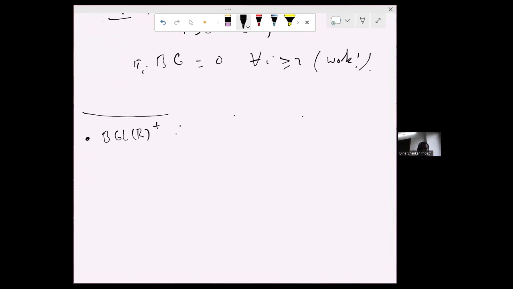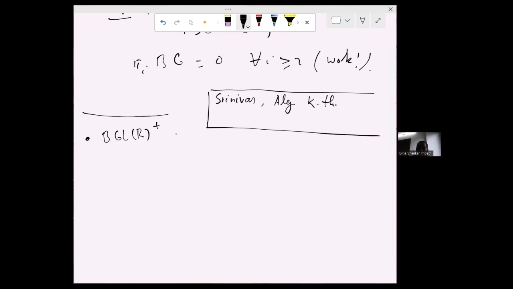If you remember, maybe I'll quickly try to give some motivation of why somebody would want to define it this way, but you can go through books. And here is another good reference that I didn't tell last time, which I would say is better than Bible's book. It's Srinivas' Algebraic K-theory. That has a lot more detail for everybody to read. So you can go through this for details.